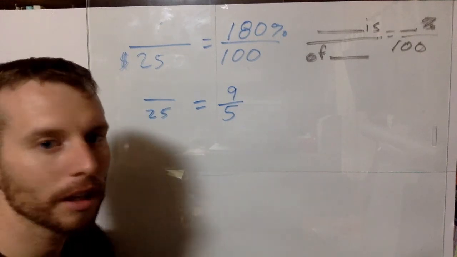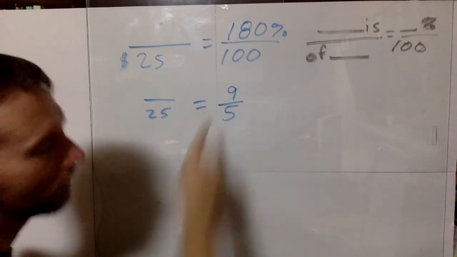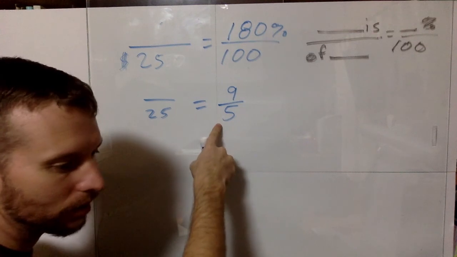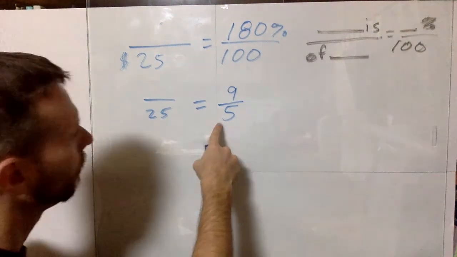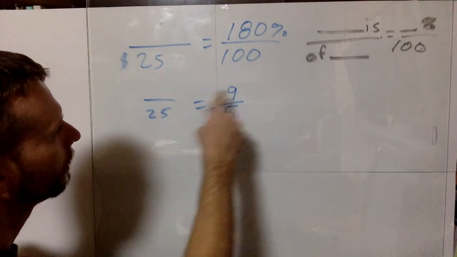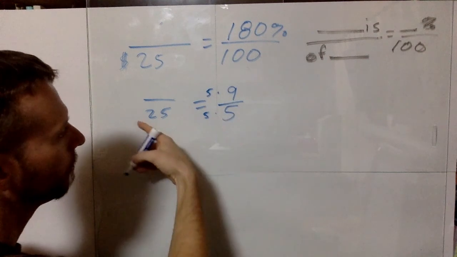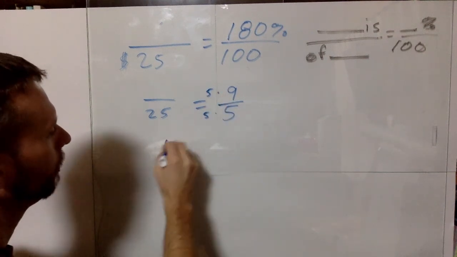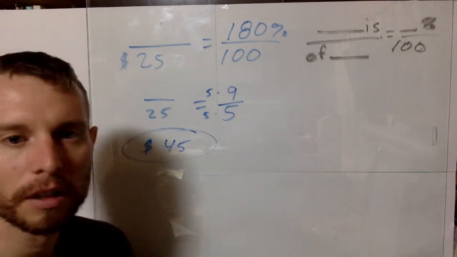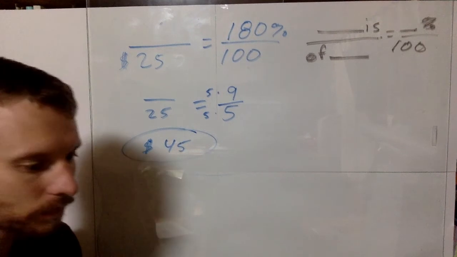And then as we continue, I can do 25 times 9 divided by 5, or I can just notice right away that 5 times 5 equals 25. So 9 times 5, working backwards, right? 9 times 5 would give me $45, and so that's what the store will sell the shirt at, $45.